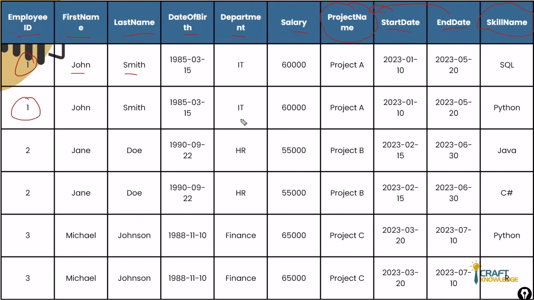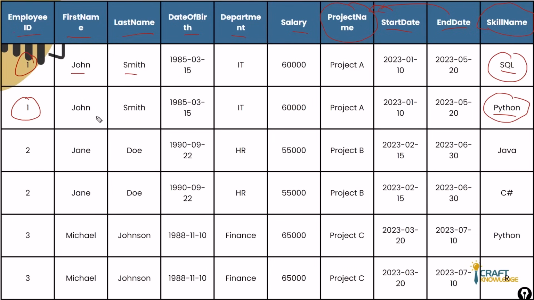He belongs to the same department. He has the same salary. He is working on the same project, but entries are duplicated. Why? Because of the skill name. Because he has two skills. One is SQL, the second one is Python. So just because of these two cells, we need to duplicate all the information that is available over here.